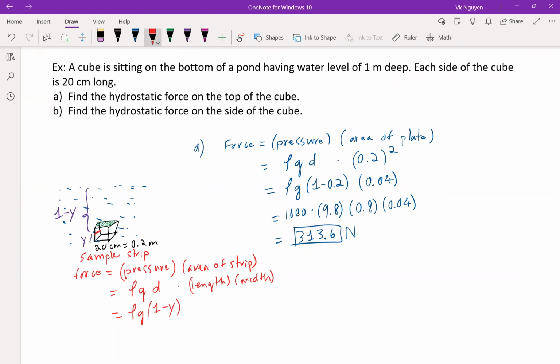The length on the side of the cube is 0.2 meter. The width is a small change in y, dy. This gives us 0.2 rho g (1 minus y) dy.